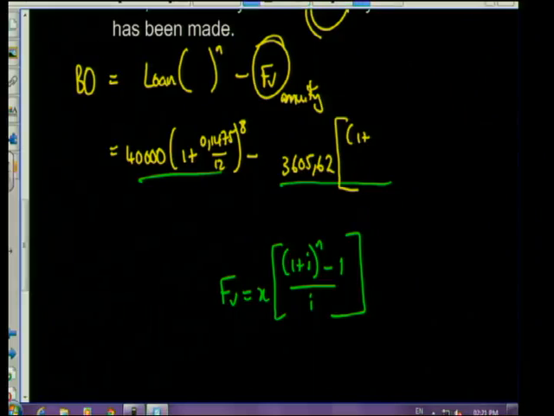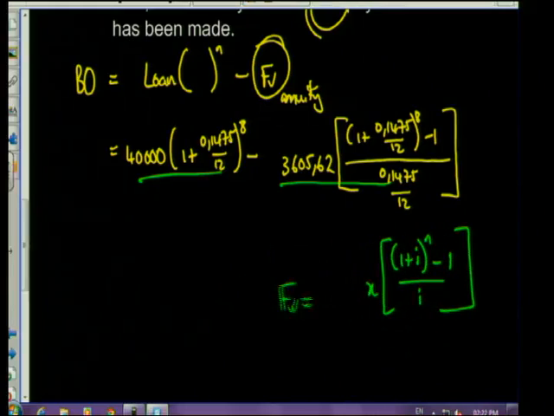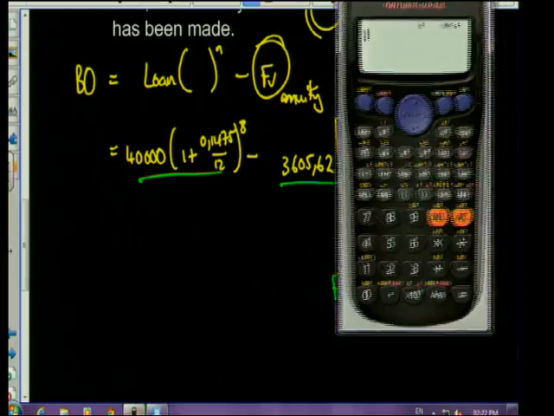Okay, so the interest rate was 0.1475 all over 12, and that is to the power of 8 minus 1, and that is all over the interest, 0.1475 over 12. And like me, I'm sure when you do these, you say, wow, it's taking up a whole screen to try and finish a question. But that's what happens. So now let's pull up our calculator so we can perform that calculation.